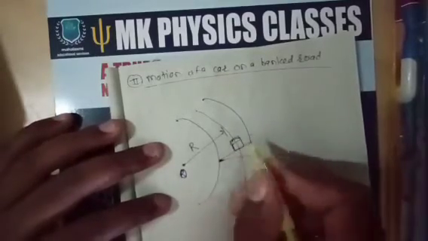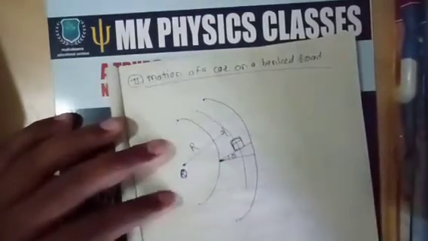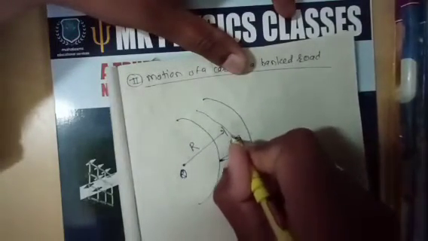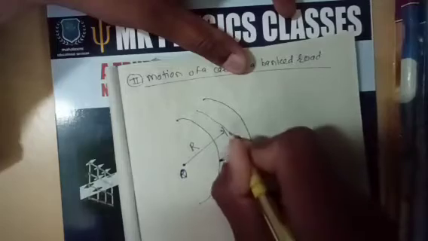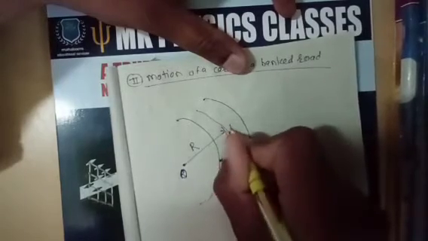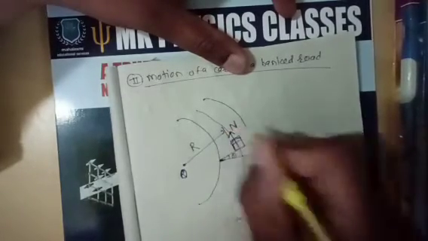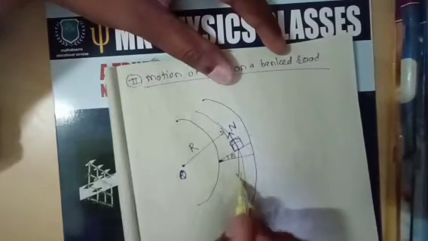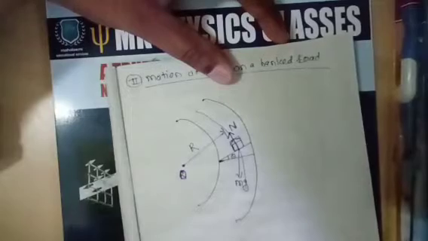Now this is the car and this is the angle theta. Whatever forces act on that car: N acts normal to the car, and mg acts in a downward direction.